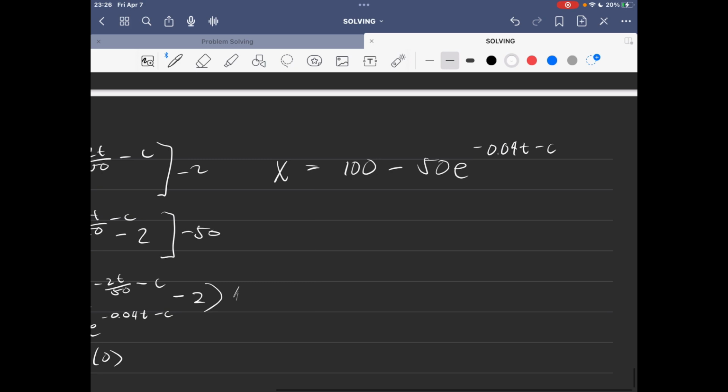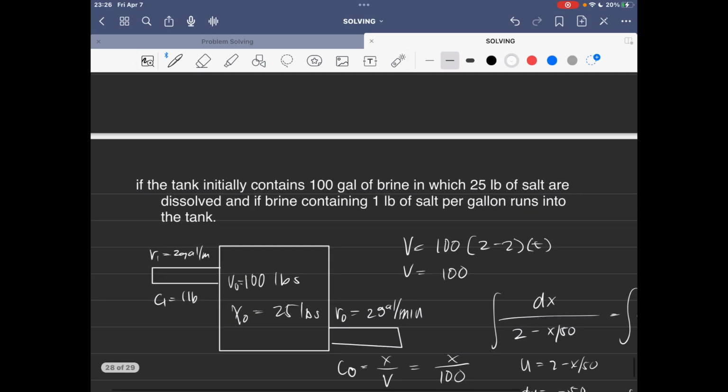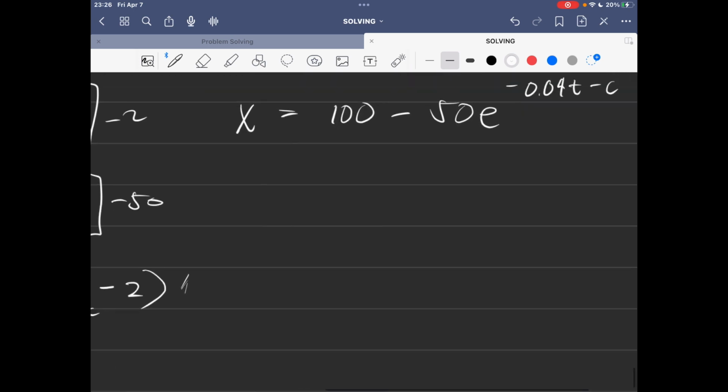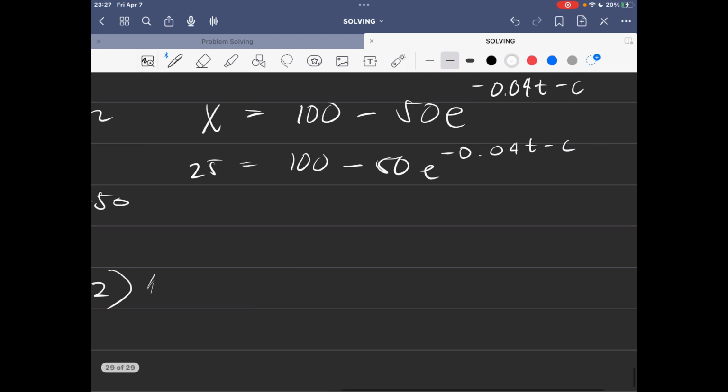So our x is 25. So substitute x is 25: 25 is equal to 100 minus 50 e raised to negative 0.04 t minus c.